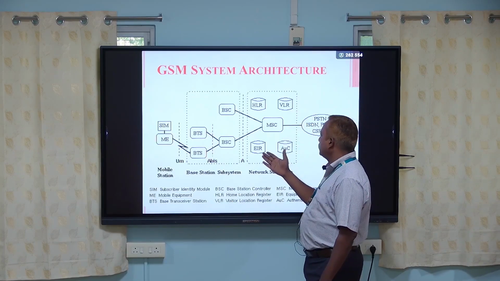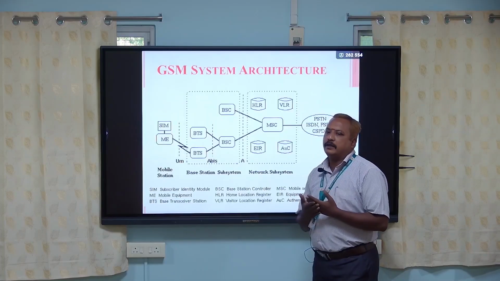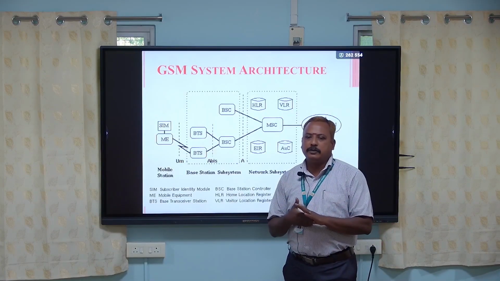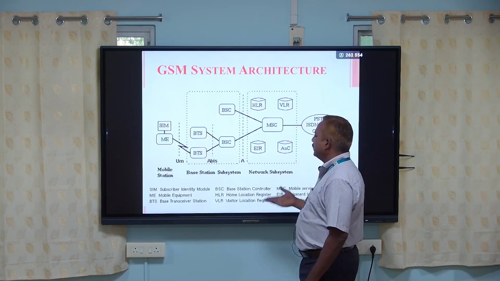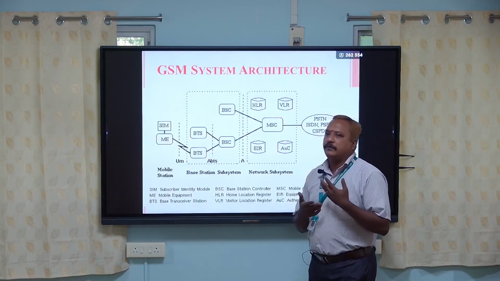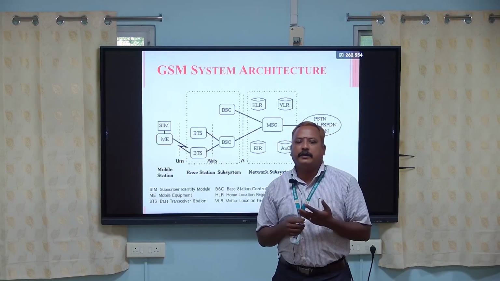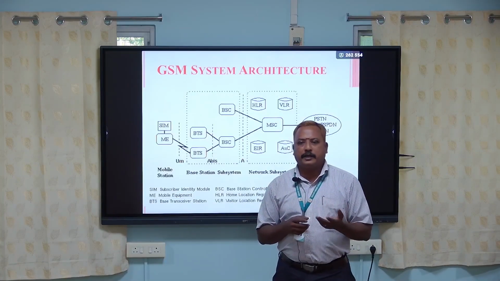And then EIR means equipment identity register. Our mobile has an IMEI number, so all the equipment connected with the network is stored in the EIR. AUC means authentication center, which checks whether the device is authenticated, what we have registered with our Aadhaar card, and whether we have paid mobile bills or recharged correctly, like that.